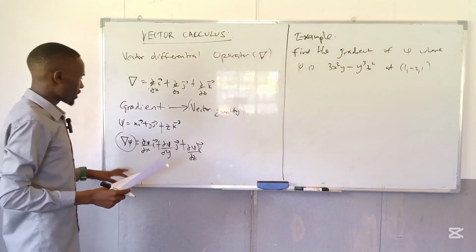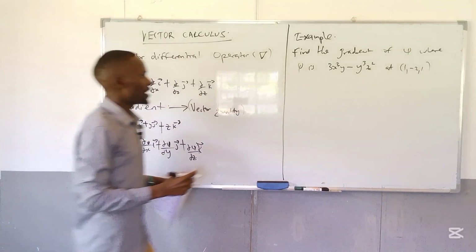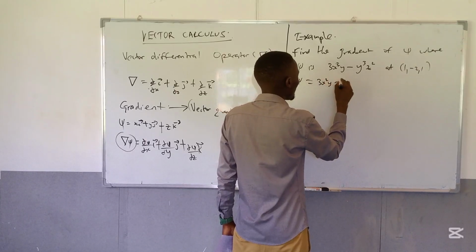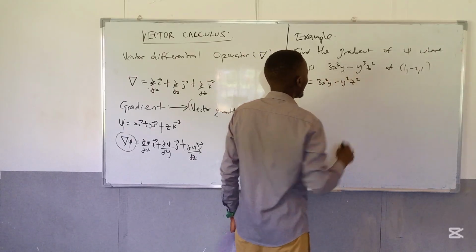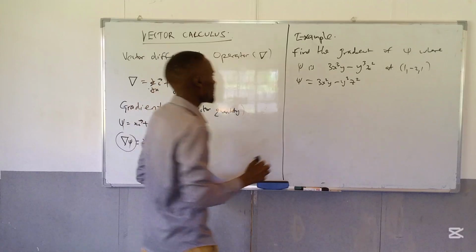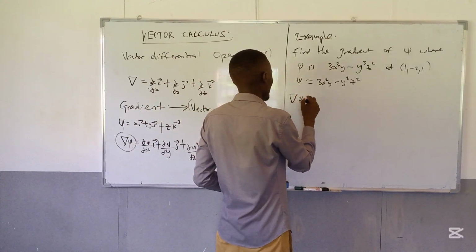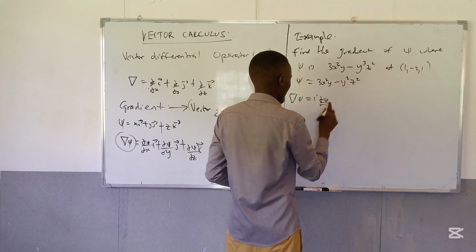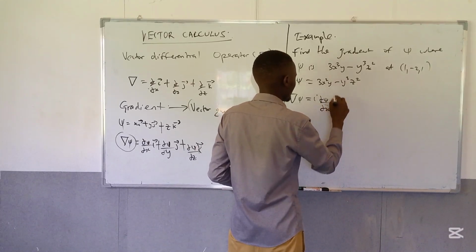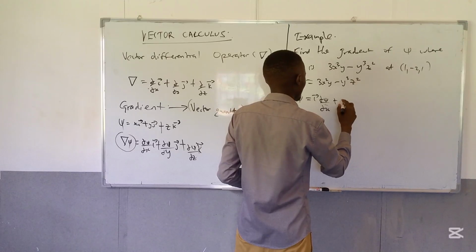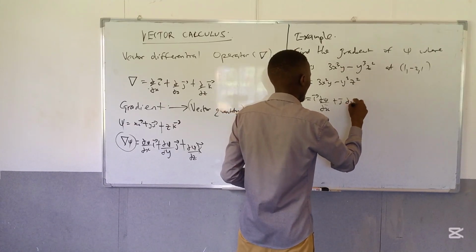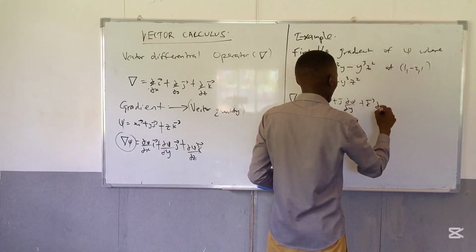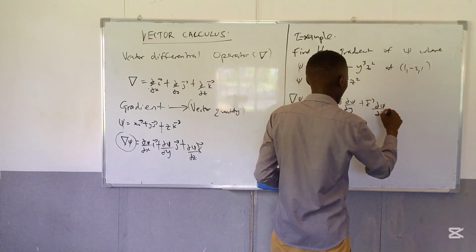So we shouldn't forget our formula here. Phi is 3x squared y minus y cubed z squared. Then the formula for gradient is i dphi over dx plus j dphi over dy plus k dphi over dz.